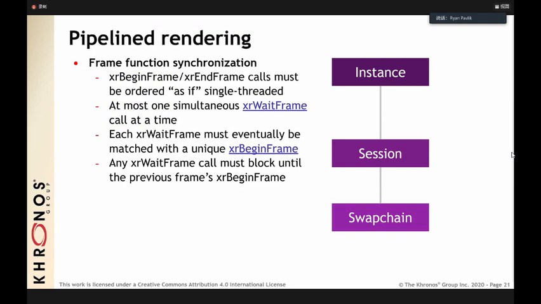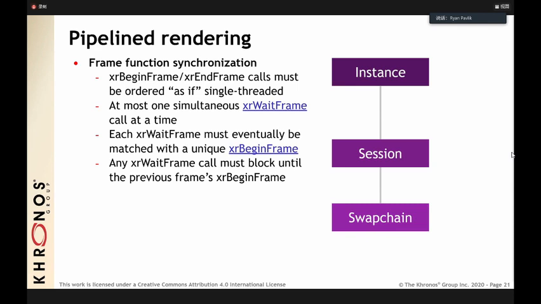If your application is using pipelined or multi-threaded rendering, there are some more detailed timing requirements that are important to know. XR begin frame and end frame calls must be ordered as if they were single-threaded, although they may be called from any thread.